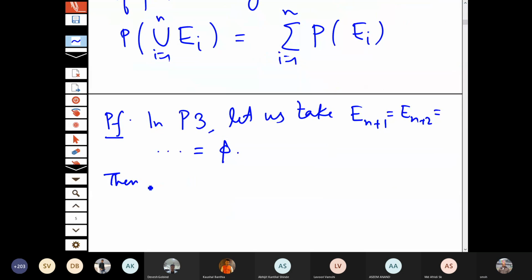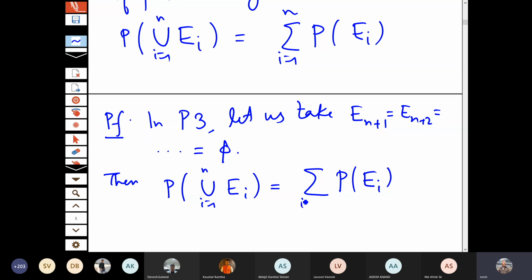Then probability of union EI, I is equal to 1 to N, will become the sum of probability of EI, I is equal to 1 to N, plus probability of phi plus probability of phi and so on.